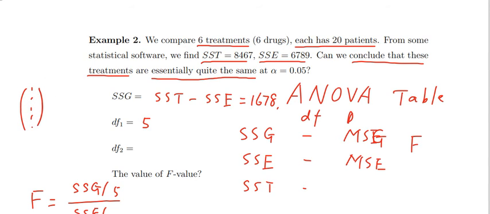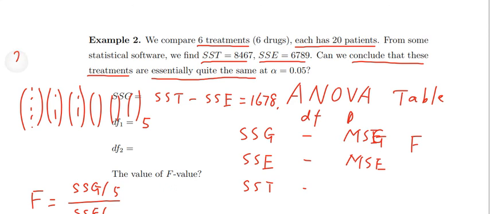We compare 6 groups, each one is 20, so in total we have 6 multiplied by 20, which is 120 patients. So this is the total sample size.